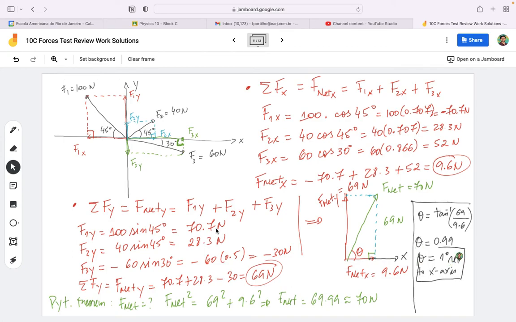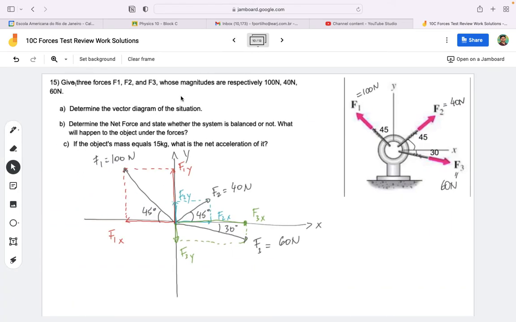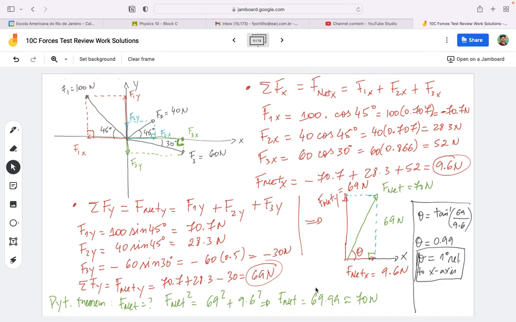Okay. All right. So just going back, let's make sure that we answered all of the questions. So vector diagram, check. Determine the net force. So we have determined the magnitude of the net force, which is this. Let's just make sure to show that the net force is given by F net. And the direction, which is 1 degree relative to the x-axis.